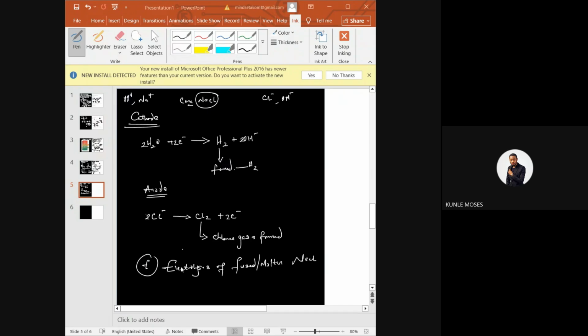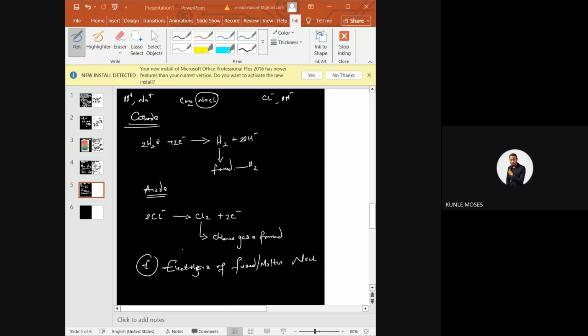They said fused NaCl. So it simply means water is not present. Did you get the difference now between the aqueous, the concentrated, and the fused NaCl? They can ask it out of the theory. They can ask for sulfuric acid also.